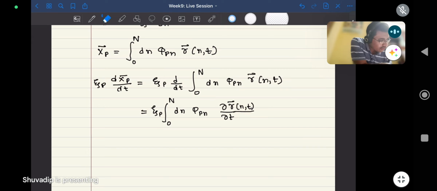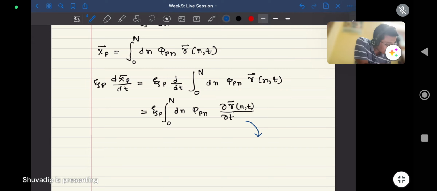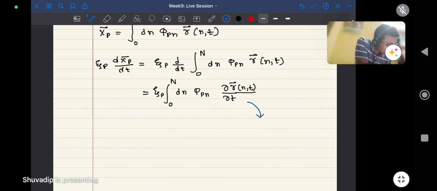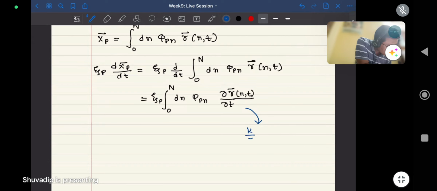Now notice that this particular quantity is already known to us. This is k/xi times del 2r/del n2 plus f r by z.